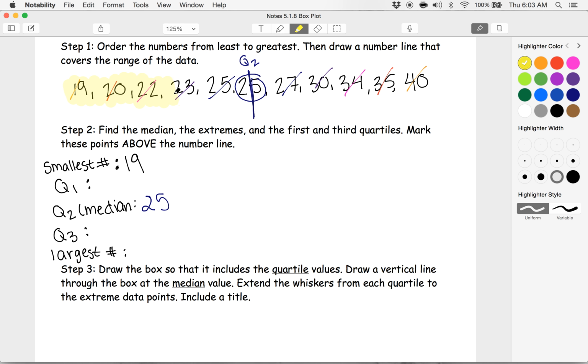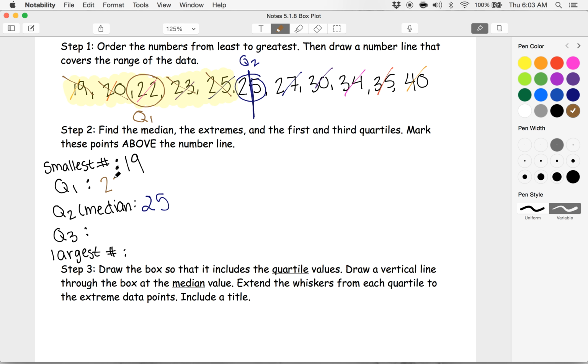All right, so now I'm going to look at the first half of the data to see if I can get quartile 1. I'm going to cross out, cross out, cross out, cross out, and look at this. 22 is quartile 1. So I can write 22 for quartile 1. And then we do the same thing on the other side.